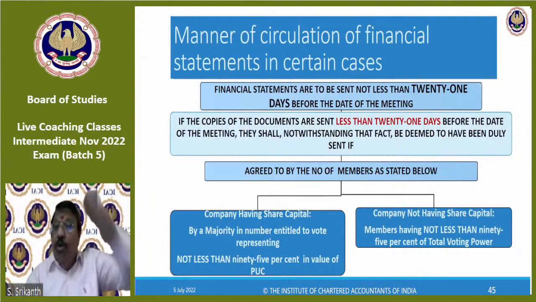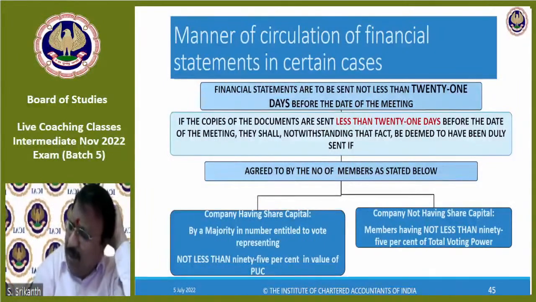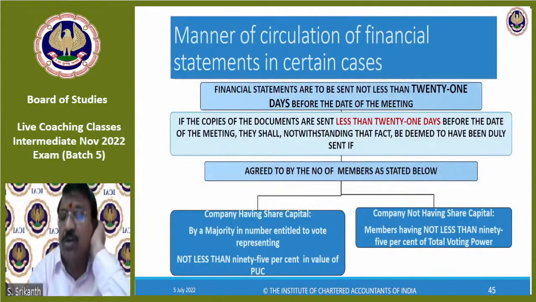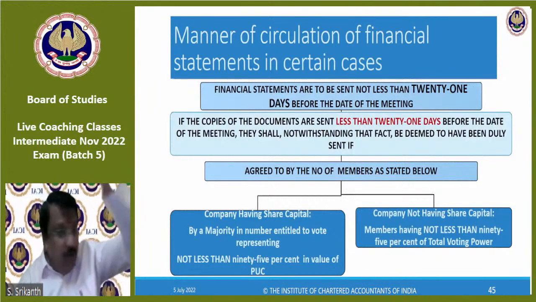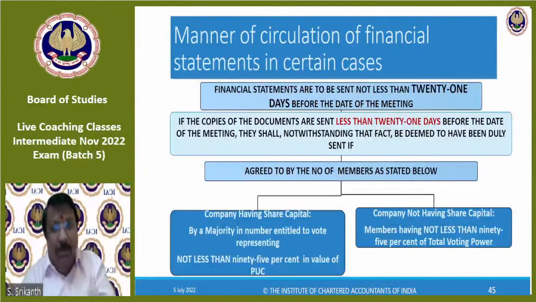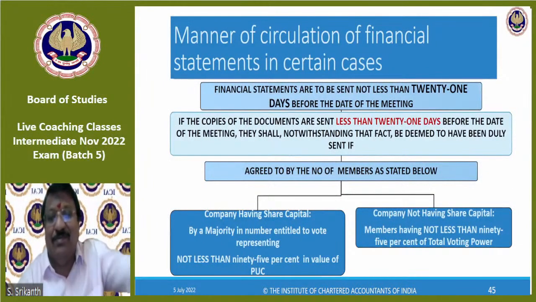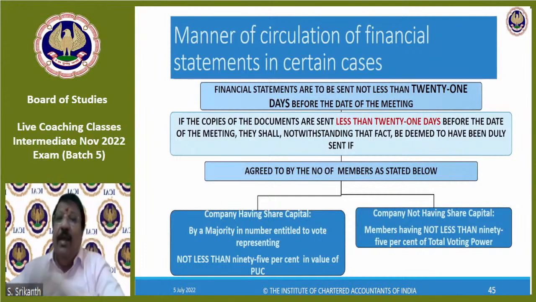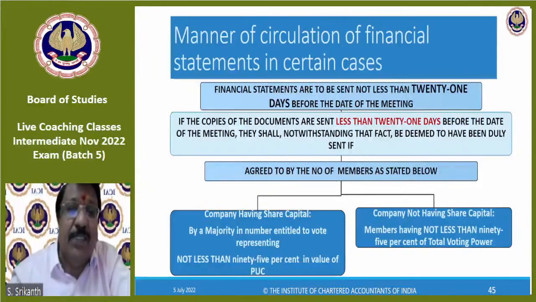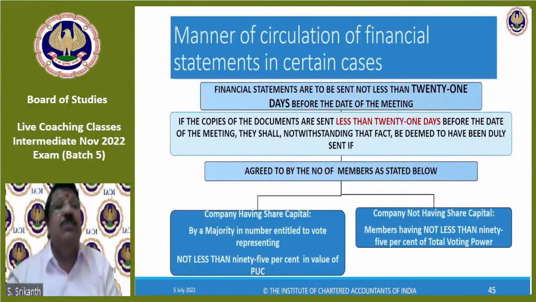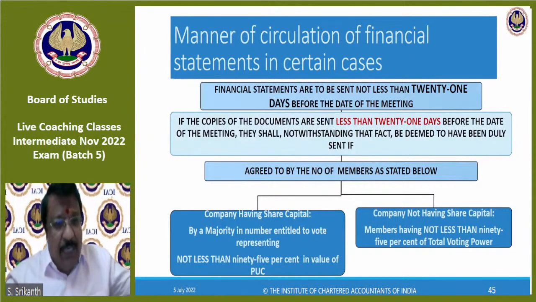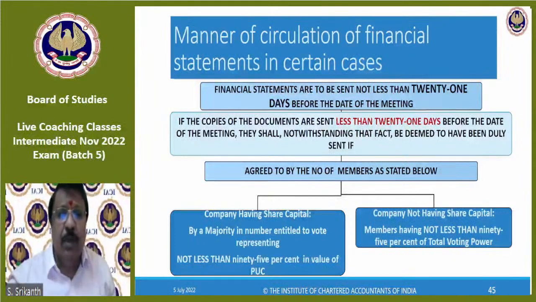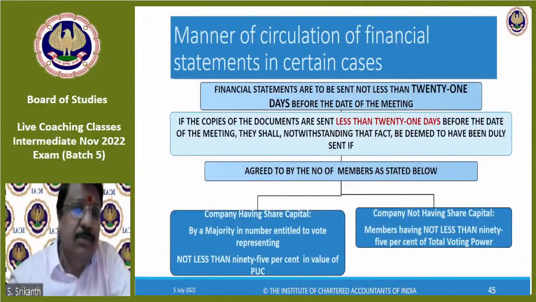Do you remember when we talked about annual general meeting, we also talked about shorter notice. 21 days notice has to be given, but shorter notice can be given provided the requisite majority agree. Similarly, financial statements can be sent less than 21 days before the date of meeting, provided this is agreed to by the requisite number of members.